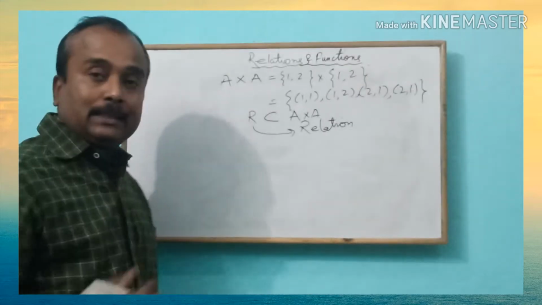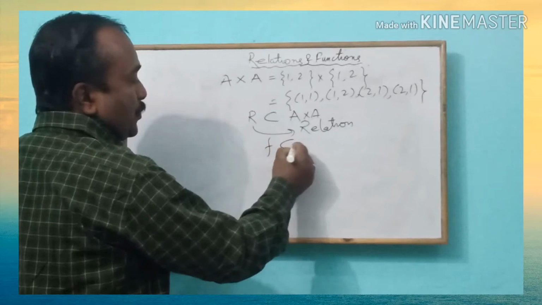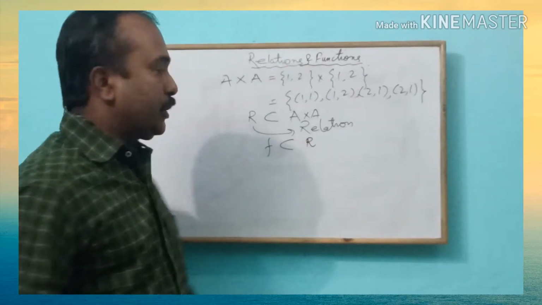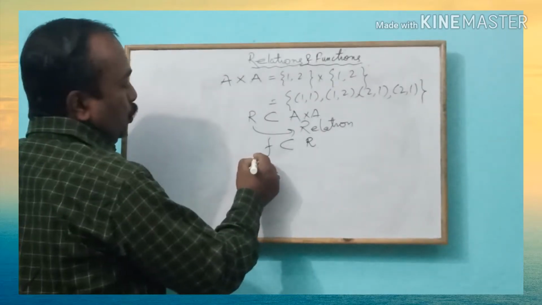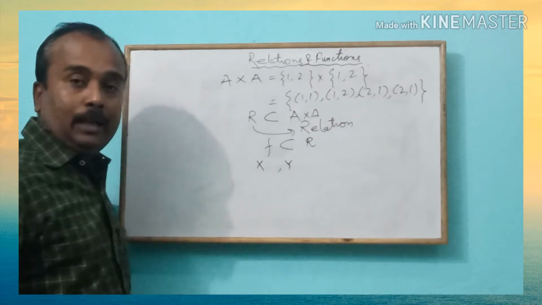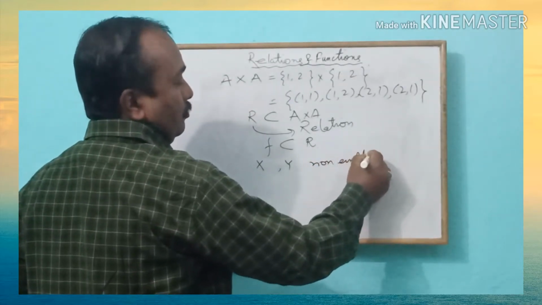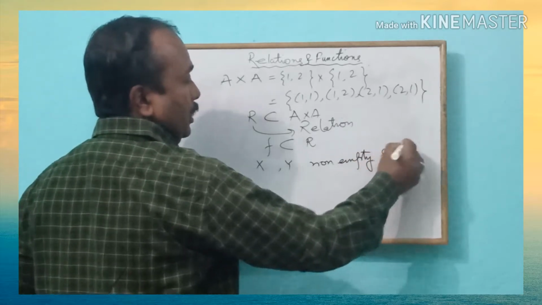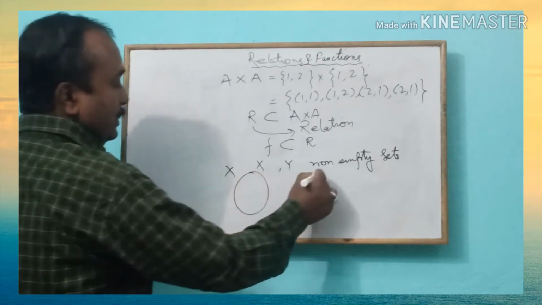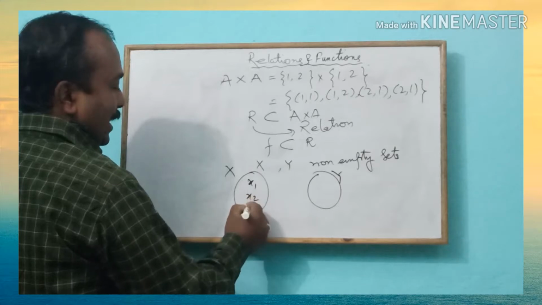Now, what is a function? A function is a subset of a relation, or a function is a type of relation. Now, suppose we have two non-empty sets X and Y. Suppose this is X, this is Y. Here we have x1, x2, x3.